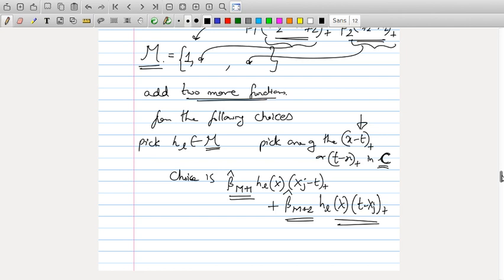And there is also an intuition about why you're multiplying functions. For example, I'll give an example.